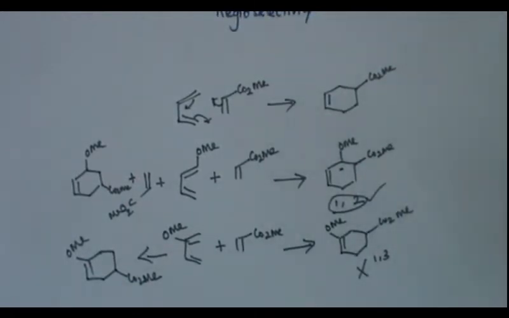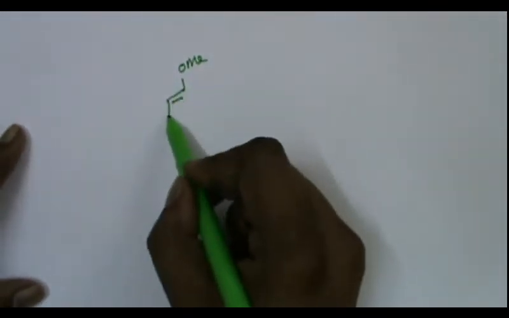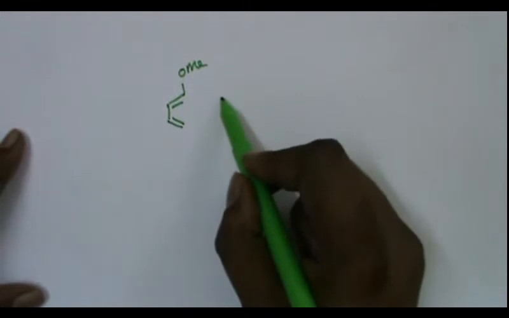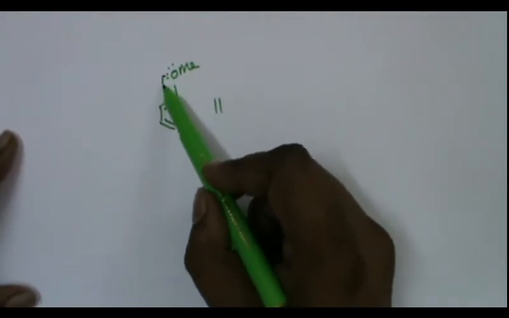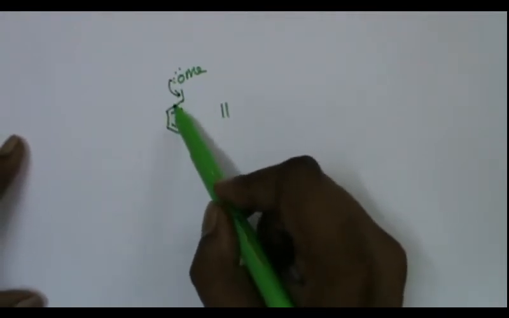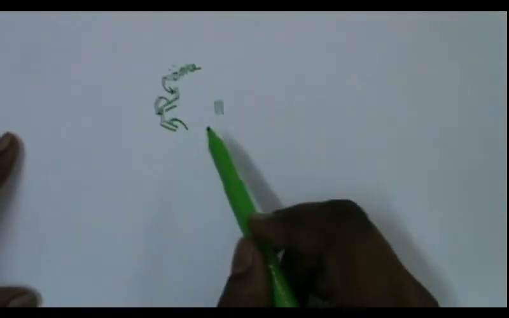What is the reason? Even though you can easily remember 1,2 and 1,4, what is the reason behind that? I take this compound. Now the lone pair of electrons is in resonance, it comes down, comes here, and this acts as a nucleophile.